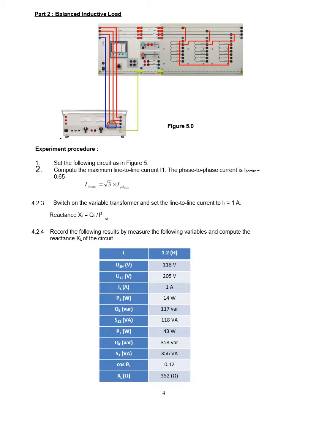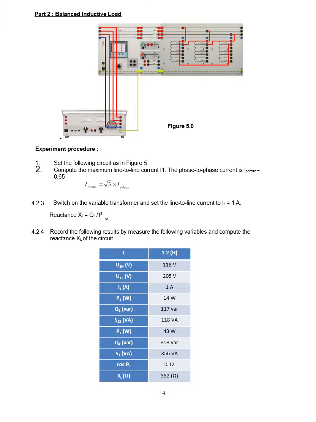And then compute the maximum line to line current I1, the phase to phase current is 0.65, by using the formula I max equal to square root 3 multiplied by I phase max.